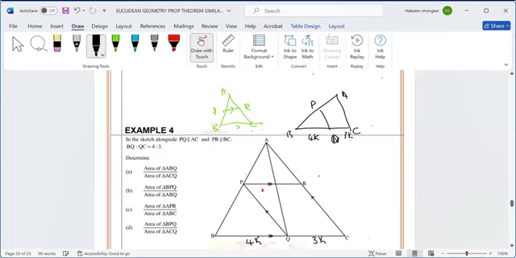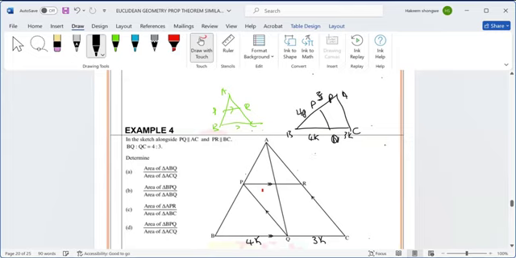If I were to use this black triangle, what I will see is that this one here is going to be 4P, and this one is going to be 3P. Because that one was not given in the statement, I need to tell them why I am saying that.